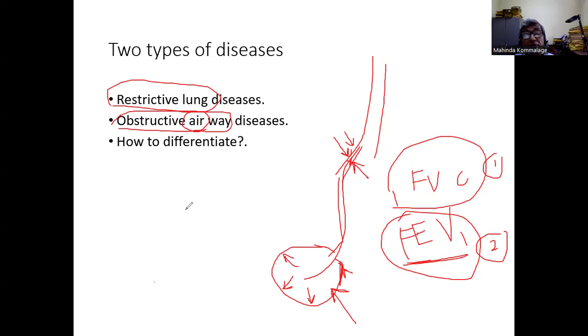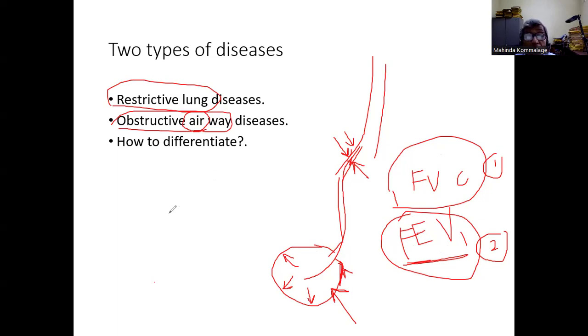Yes? First one. Yes, because the lungs cannot expand and the ability of the alveoli to retain air will be limited. Right? So this one will be affected more in restrictive lung disease. So when this one is low, probably it's restrictive lung disease. If this one is low, probably it's obstructive airway disease.